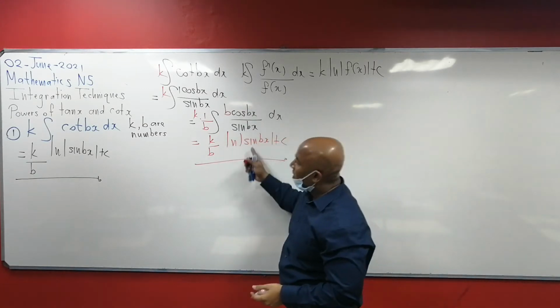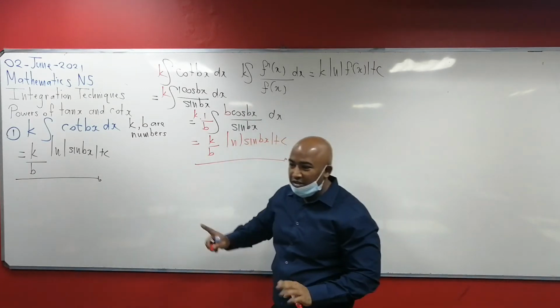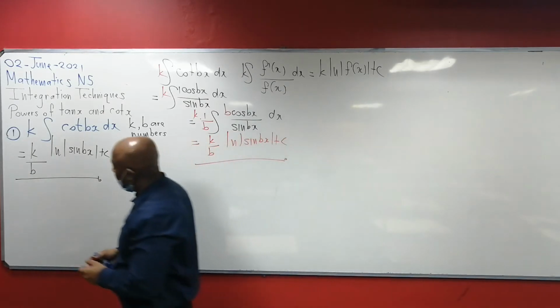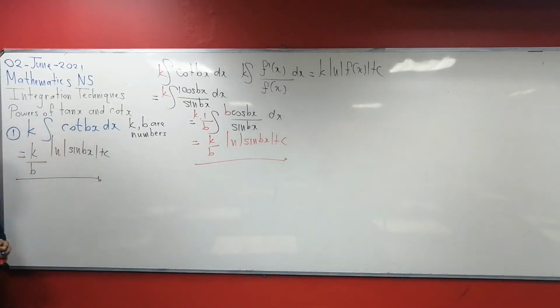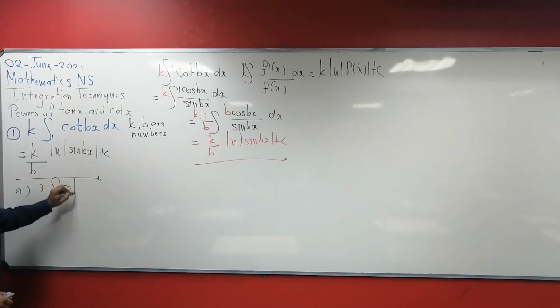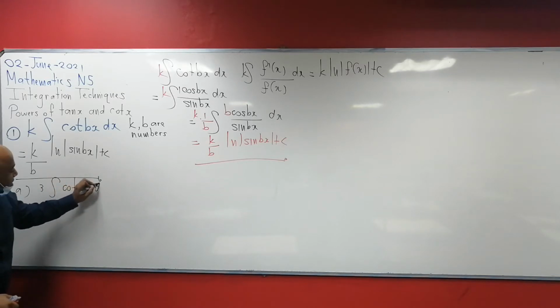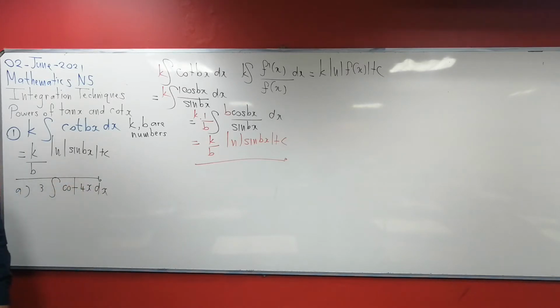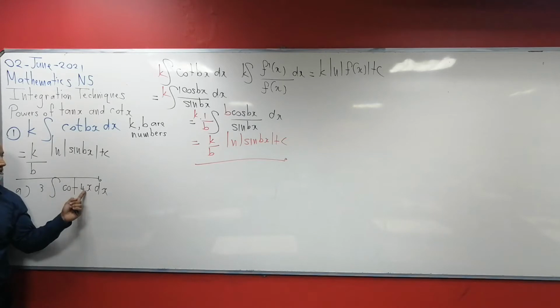Now you don't have to do it this way. You've got the formula sheet. You just write down your answer. If I give you an example, let me go for 3 times the integral of cot 4x. Straightforward, all you need to do is check what your b value is. There it's 4.